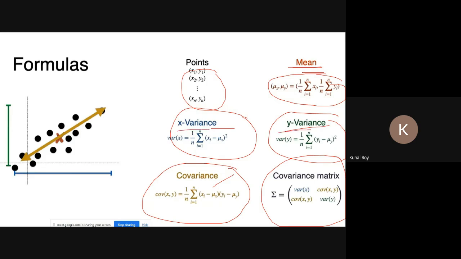After calculating the x variance and y variance, we can directly generate a covariance matrix: the variance of x, the variance of y, and the covariance. These two covariances are the same thing. So this could be a covariance matrix.